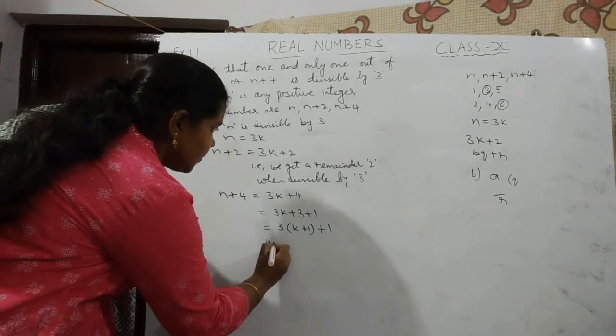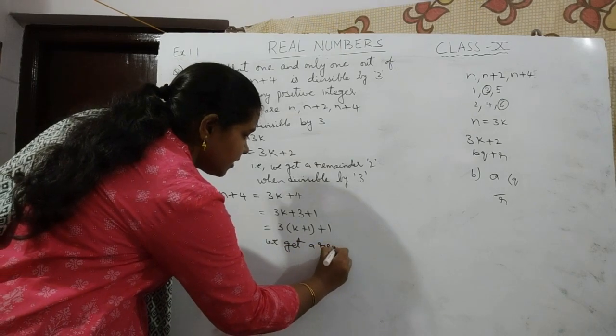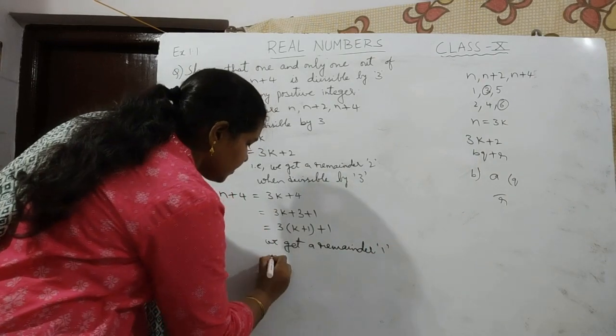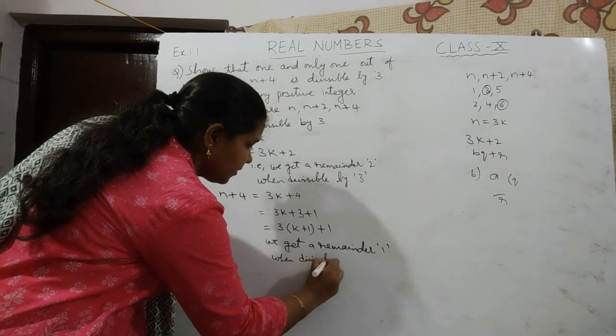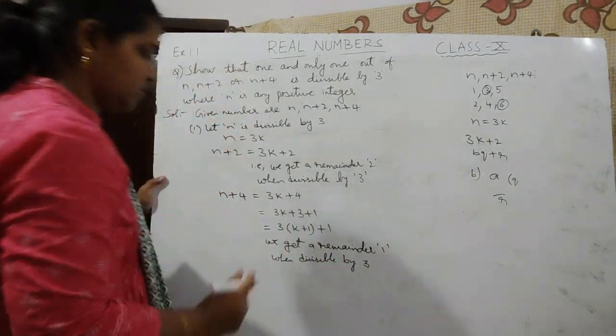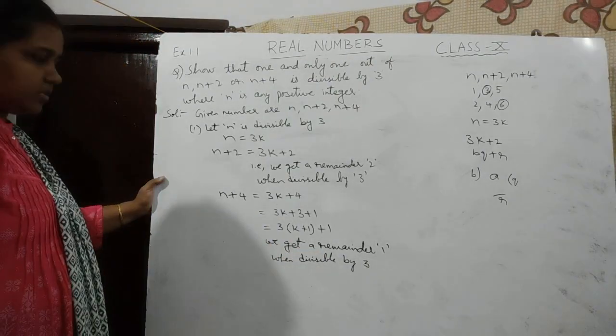That is, we get a remainder 1 when divided by 3.